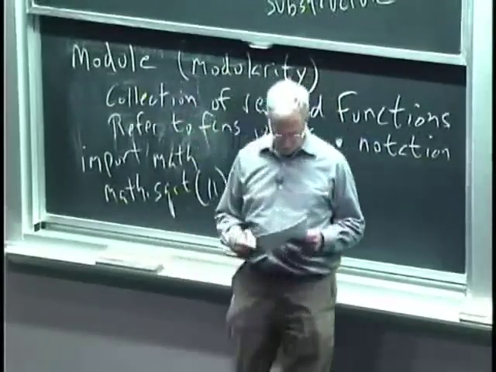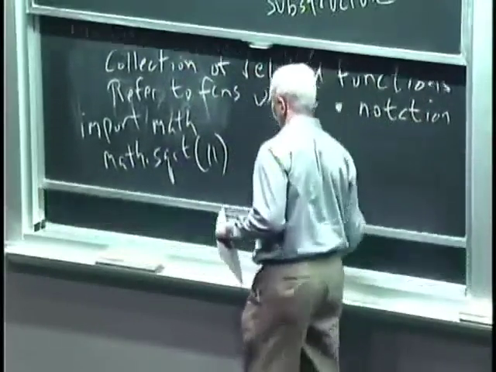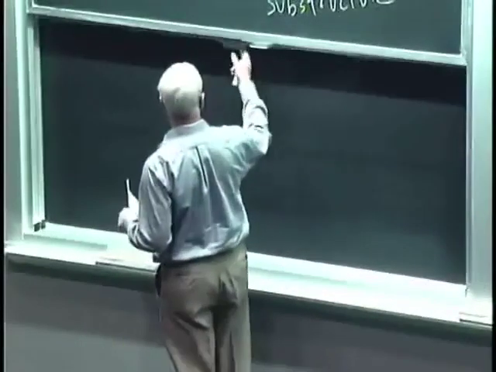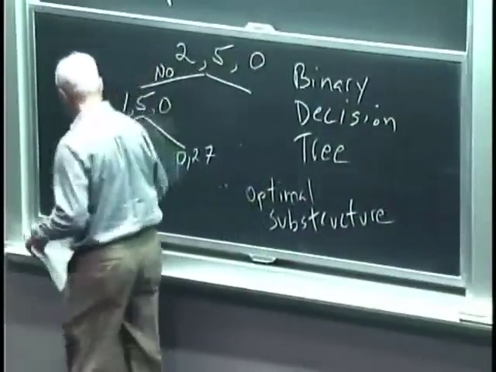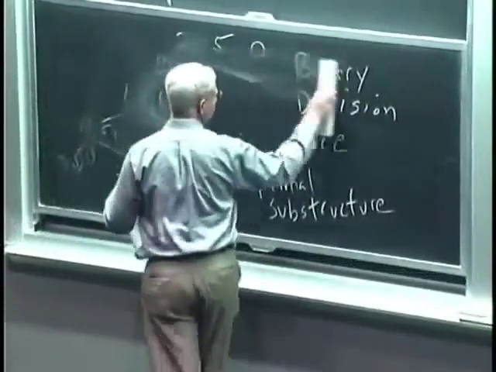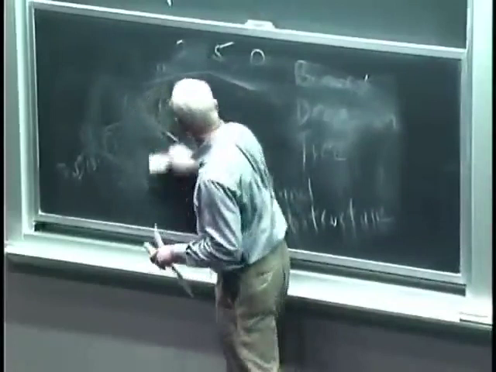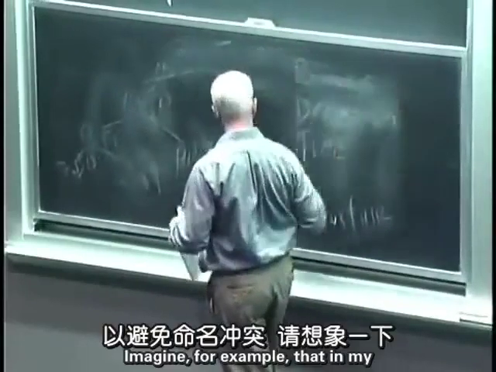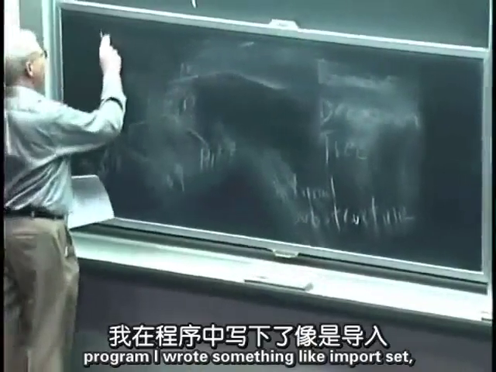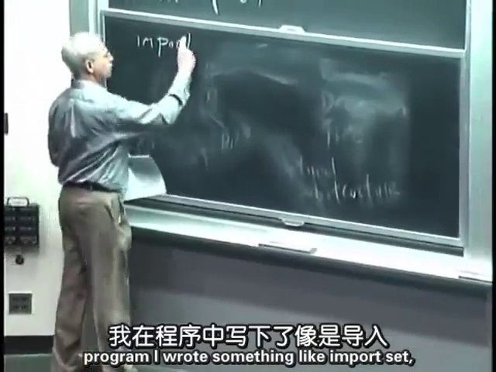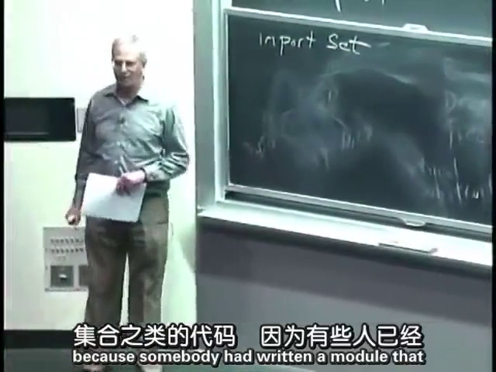Now, we had the dot notation to avoid name conflicts. Imagine, for example, that in my program I wrote something like import set, because somebody had written a module that implements mathematical sets.